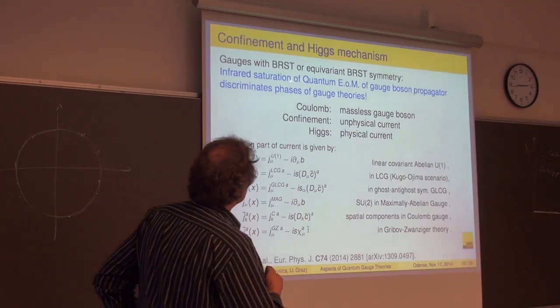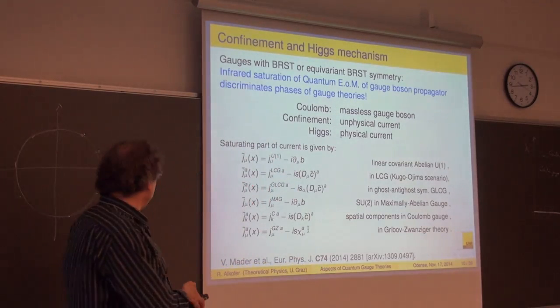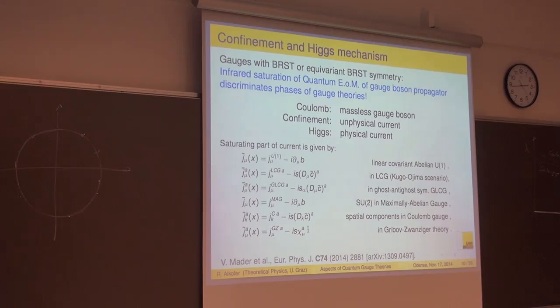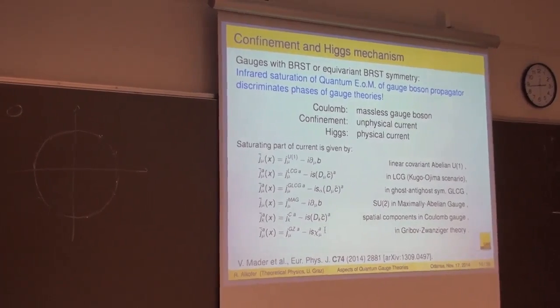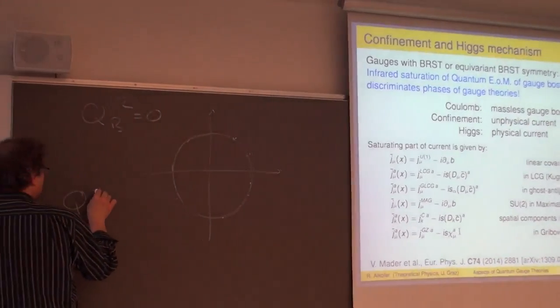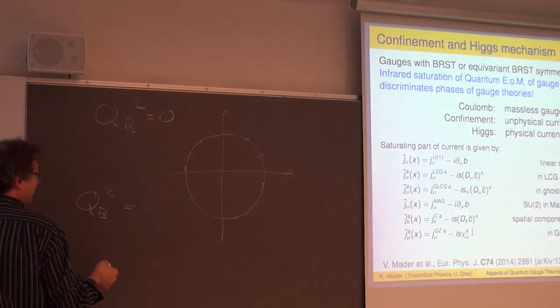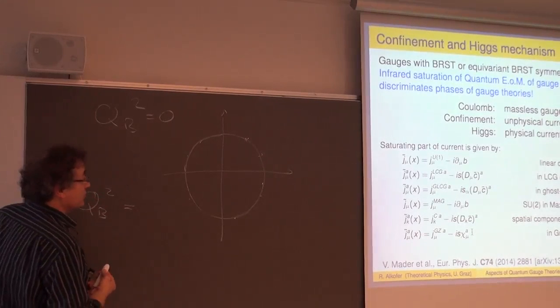And we have BRST, or equivariant BRST symmetry. BRST symmetry has the property that the BRST charge is nilpotent, and an equivariant BRST symmetry would say that here you get not zero, but only terms which have a certain symmetry.